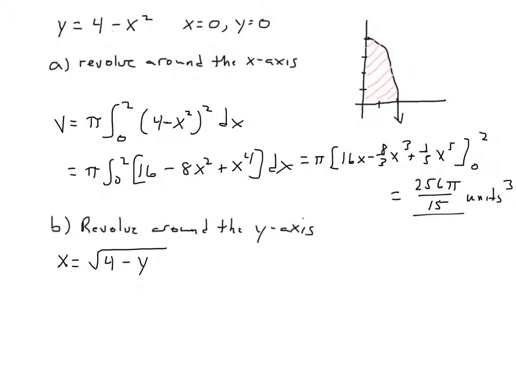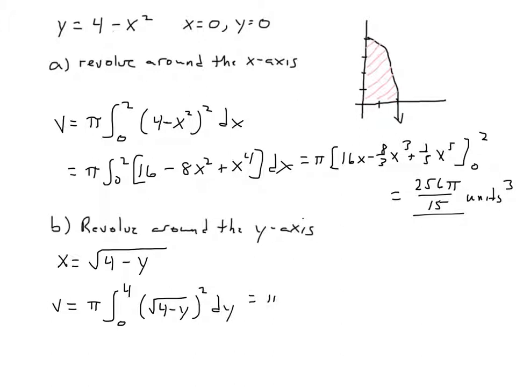And so now, when I'm revolving it around the y-axis, the volume is going to equal pi times the integral. Now this time, because we're integrating with respect to y, the y values go from 0 to 4 of my radius function, which is the square root of 4 minus y, that thing squared dy.